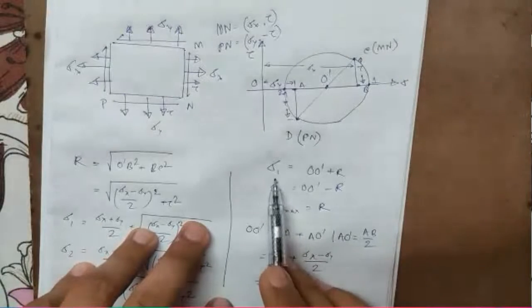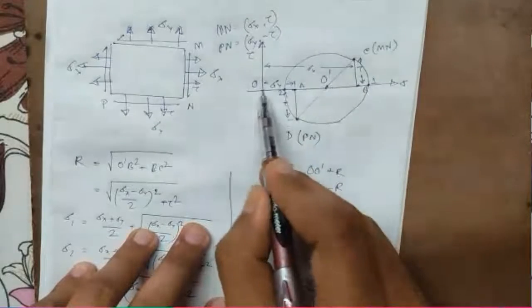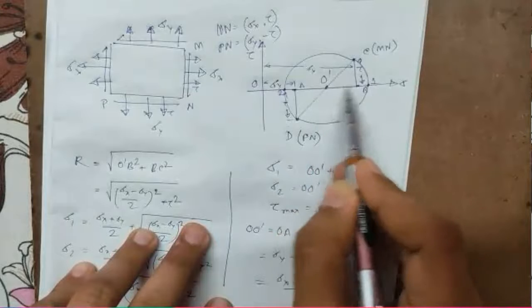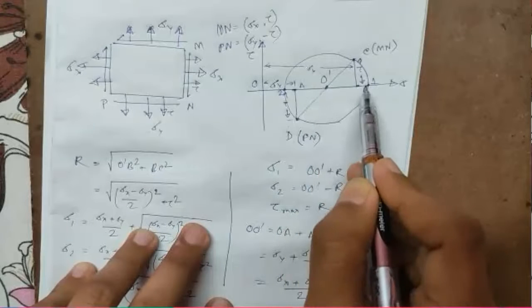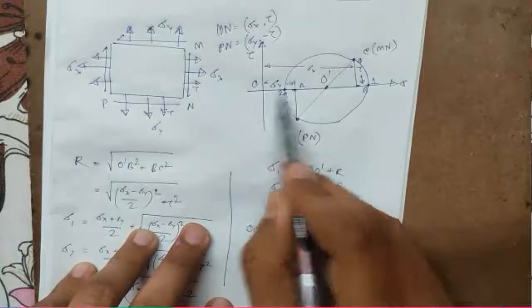Sigma 1 can be written as OO dash plus R. Look, this is OO dash, plus this is R, radius of the Mohr circle. So OO dash plus the radius of the Mohr circle will give us sigma 1. Similarly, this sigma 2 can be found out as OO dash minus radius of the Mohr circle. Is this same to everyone?